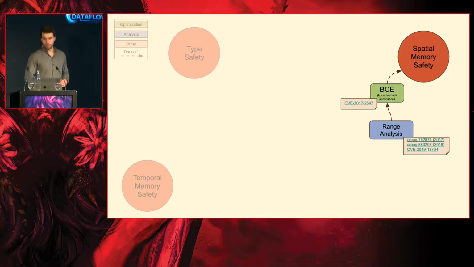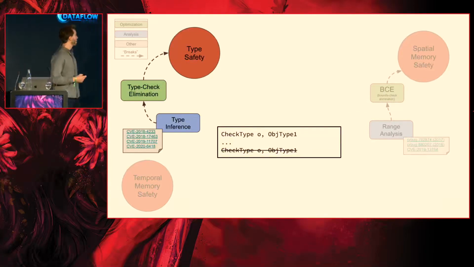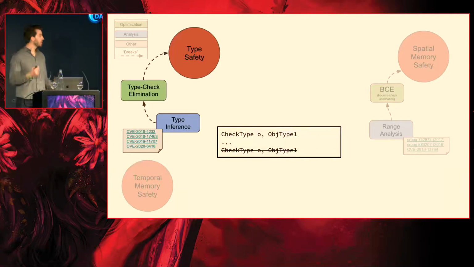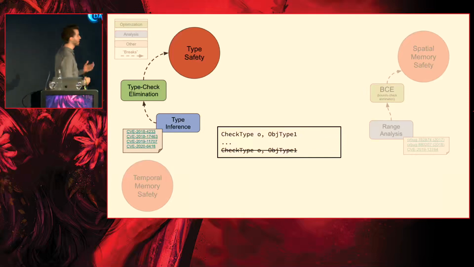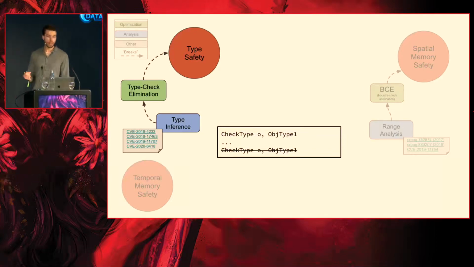So let's look at another group of optimizations here, which is type check elimination. Also similar to what we've seen. This might be a case where you have two type checks for the same type, and then the engine decides it doesn't actually need one of them and drops it.